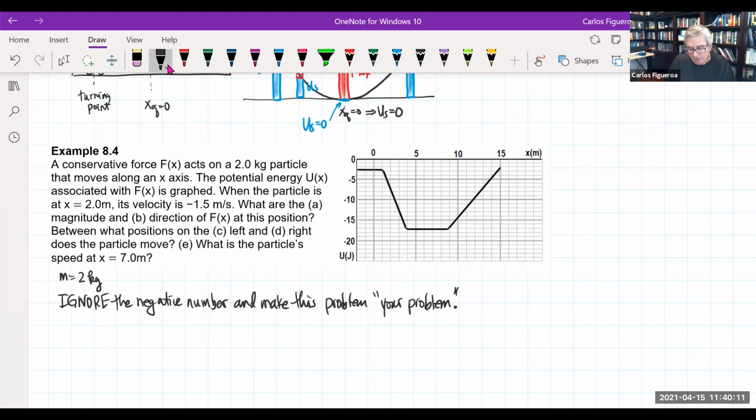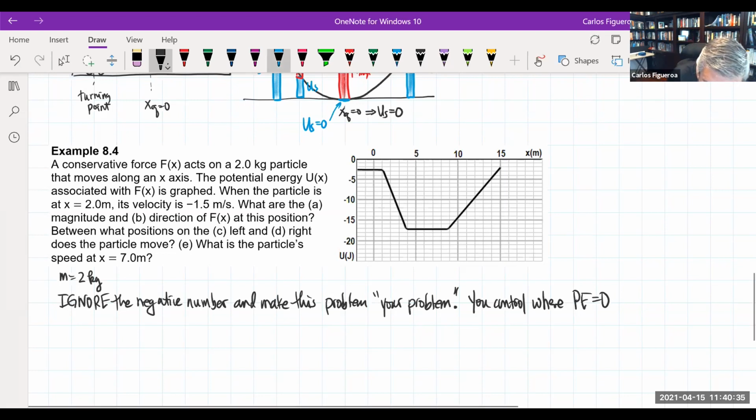If you were to look at a problem like this in a textbook, they would want you to use this scale. That's not necessary. Remember, you control where potential energy is equal to 0. So guess where I'm going to pick my 0 point?